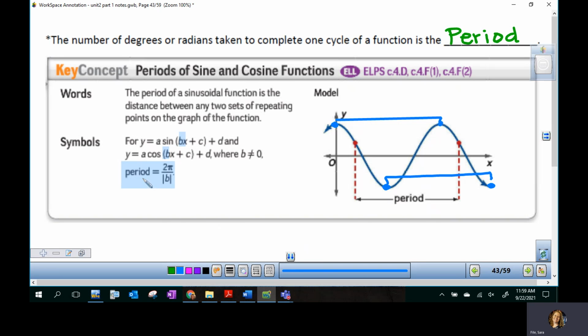That's why to get the period of a transformed function, you do 2 pi divided by the absolute value of b. B is the coefficient inside the function, the coefficient of x or theta. That's what it means when it says period, and this is how to find the period of the graph. So good on that?